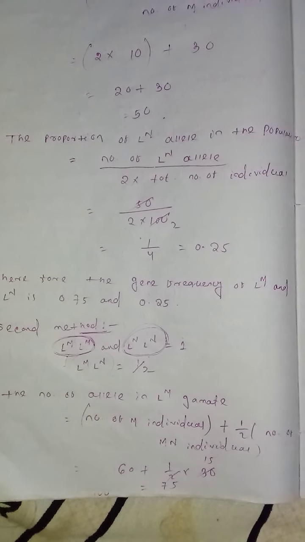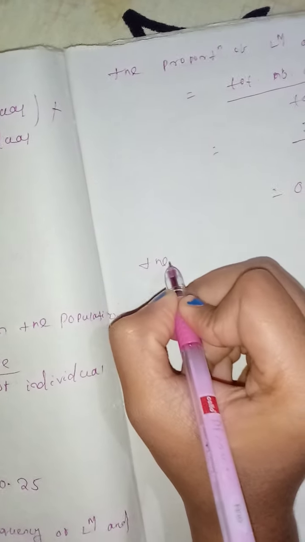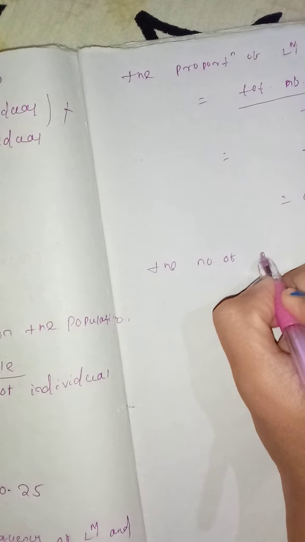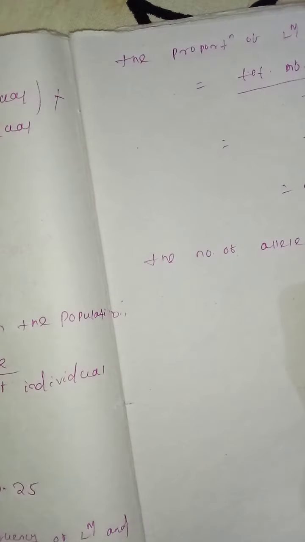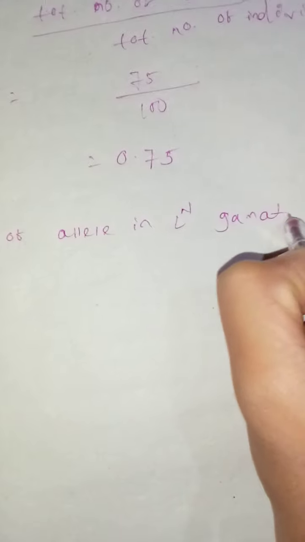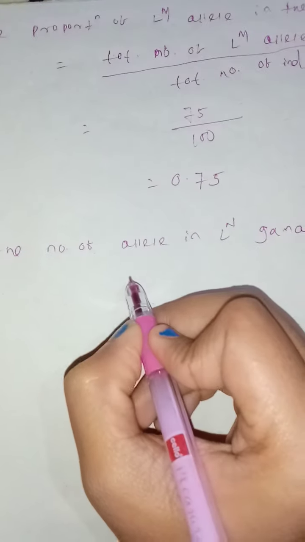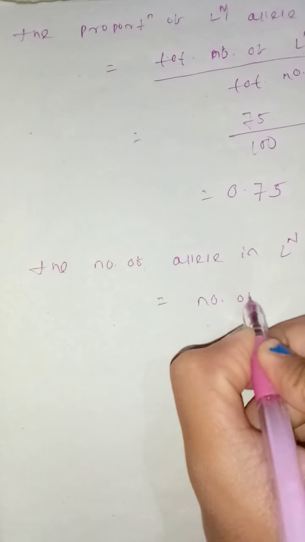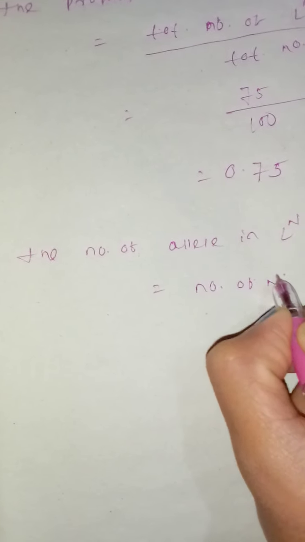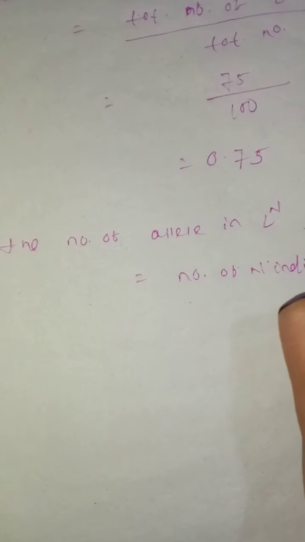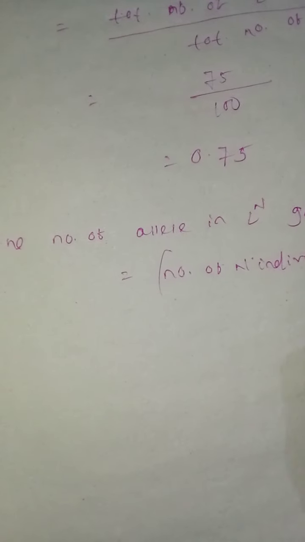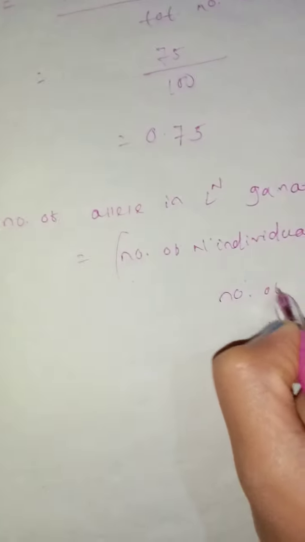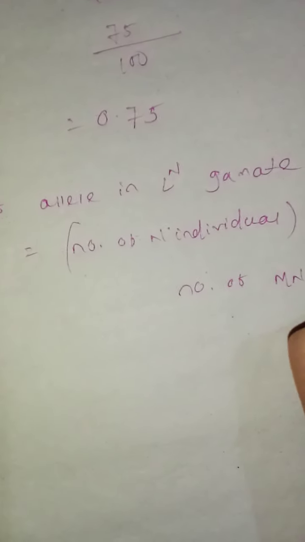Now I am going to find the allele in LN gamete. The number of alleles in LN gamete is equal to number of N individual plus half into number of MN individual.